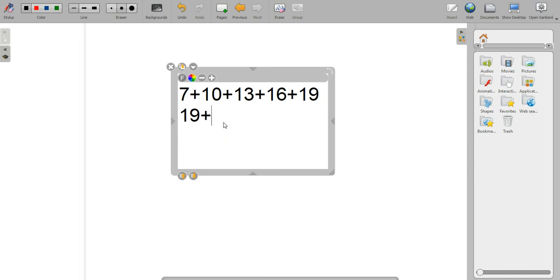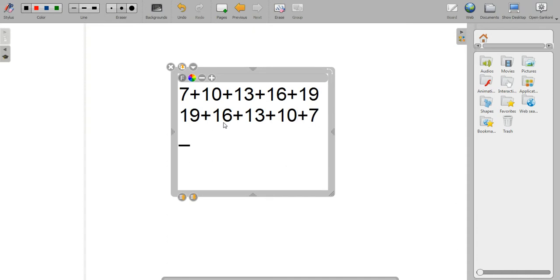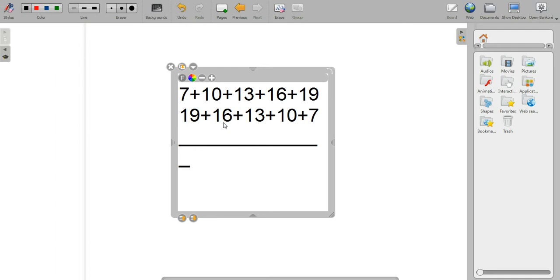Basically, you're multiplying times 2. 16 plus 13 plus 10 plus 7. Well, this is going to give you 26 plus 26, and you're going to do that 6 times. So you get 26 six different times. Interesting. Using the same technique.